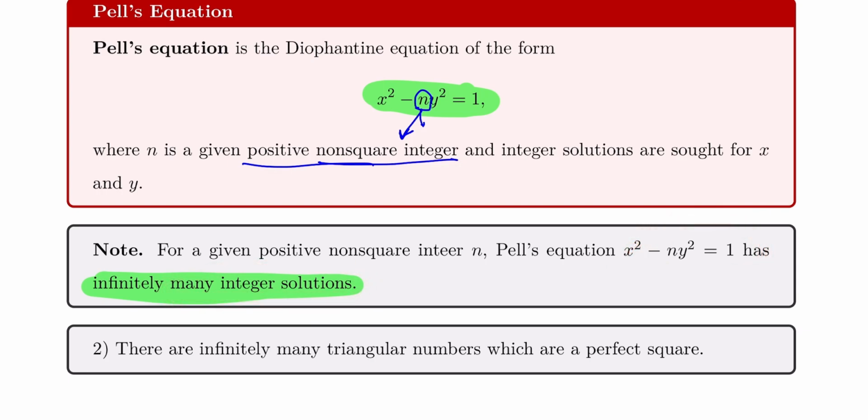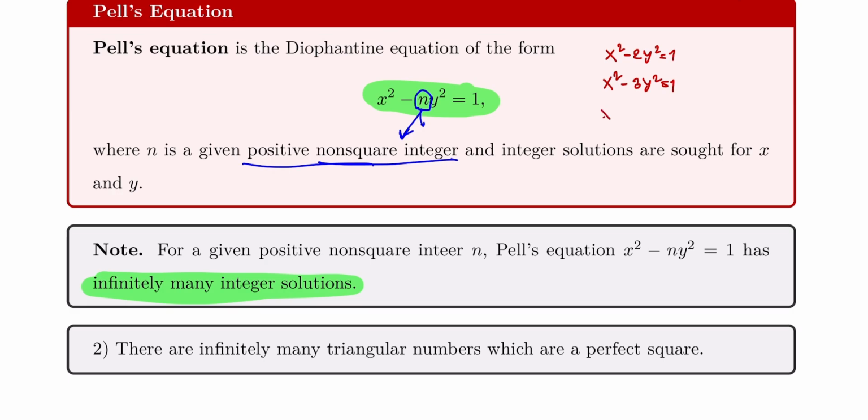For example, x squared minus, let's pick one of the non-square integers, 2 y squared equals 1. This equation satisfies Pell equations and it has infinitely many integer solutions.